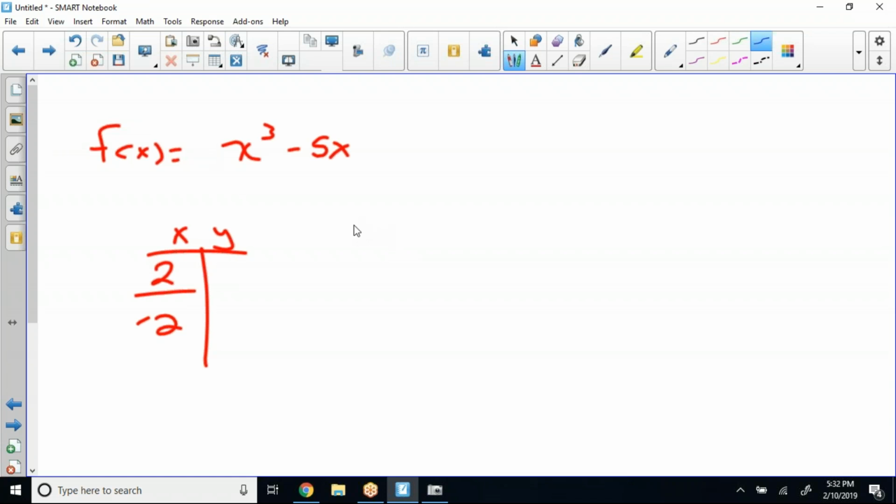All right. So we're going to plug this in. So that's 2 cubed minus 5 times 2, right? 2 cubed is 8 minus 10 equals negative 2, right? Did you get negative 2? Yeah. Okay.